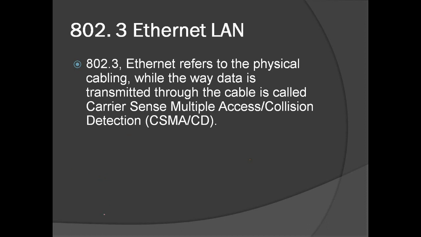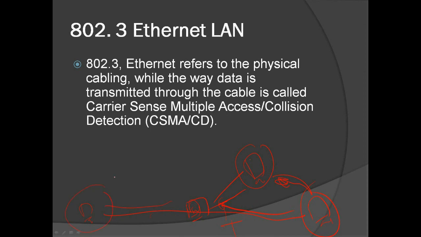Since your Ethernet LAN transmits on a physical network, imagine if you have so many computers on the network. There's a possibility that two computers may transmit data at the very same time.